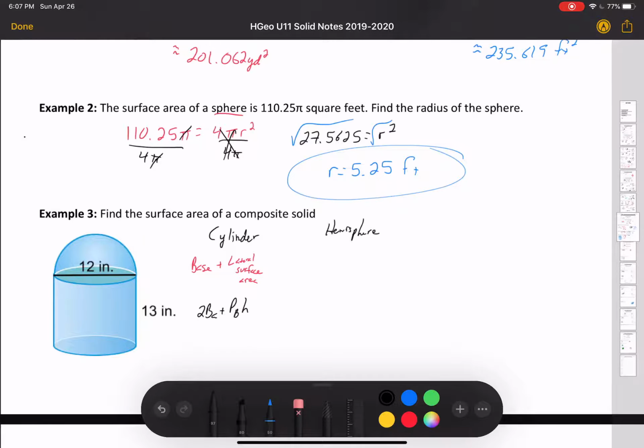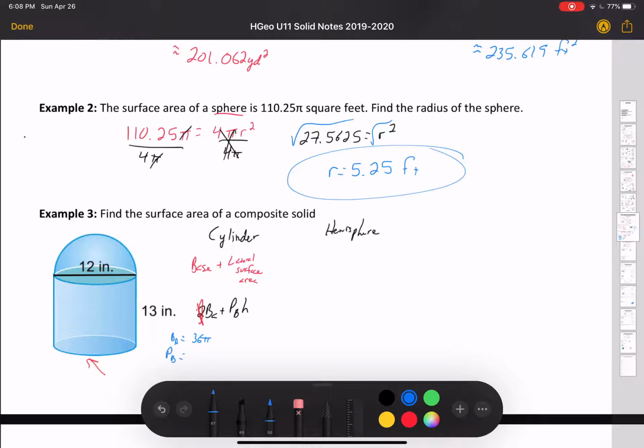So what part do we not need? We don't need 2 bases. We just need 1 base because we can only touch this bottom base. We cannot touch this base right here, so I'm going to erase that because we can't touch it. Area of the base is pi r squared. Radius is 6, so that's 36 pi.